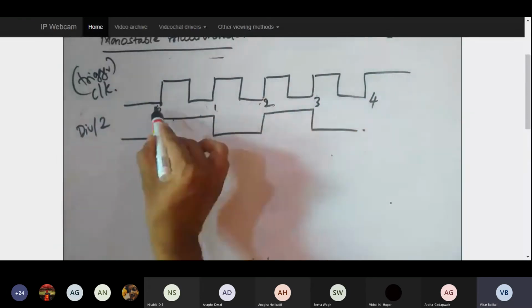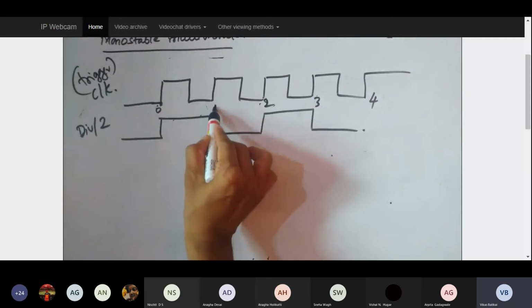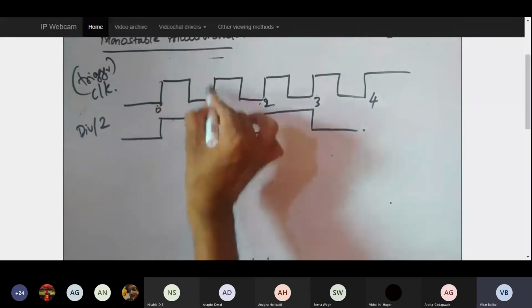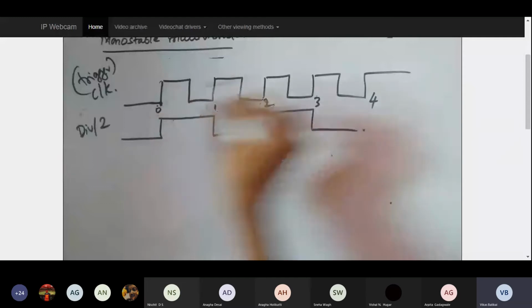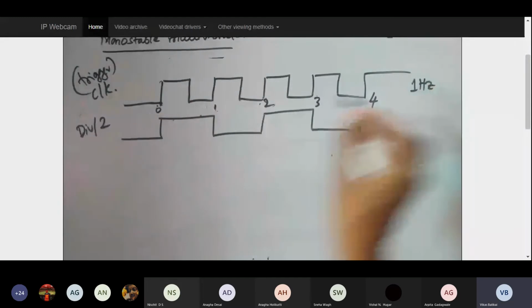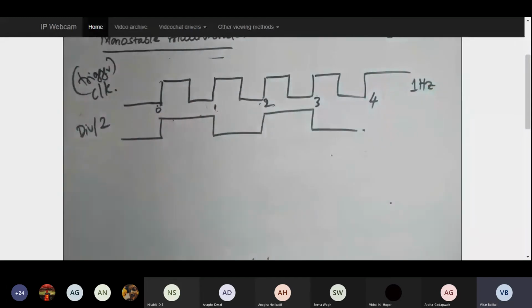For every 1 second of time duration, I have 1 pulse input. So what will be the frequency? The frequency is 1 hertz, that is the number of cycles per second. So 1 cycle per second.